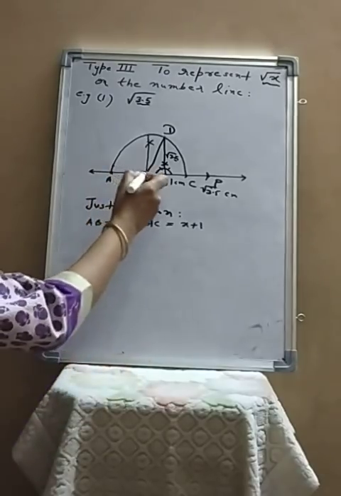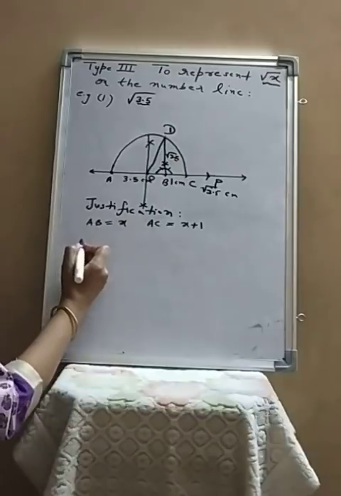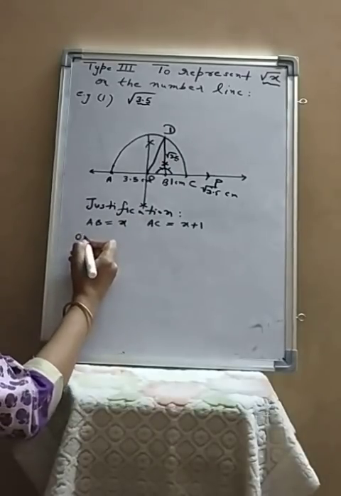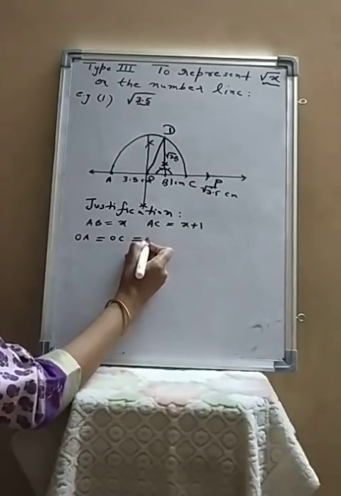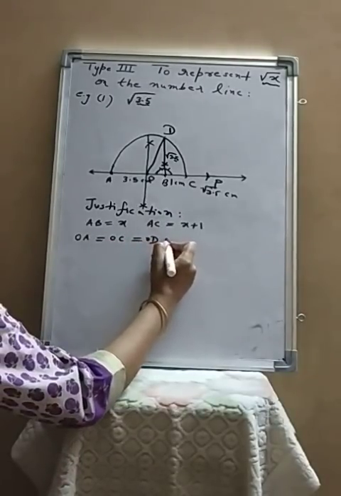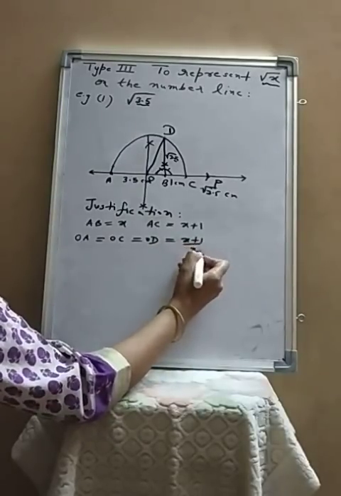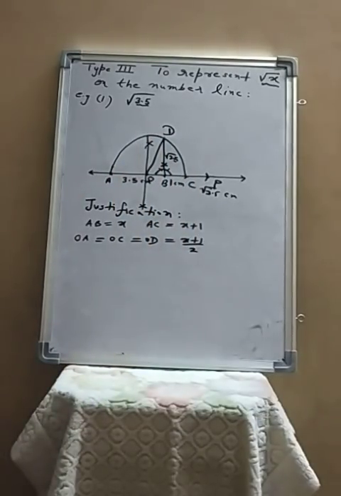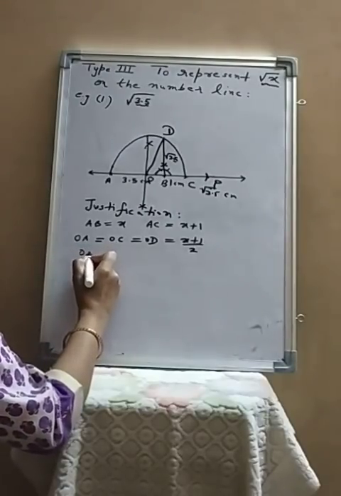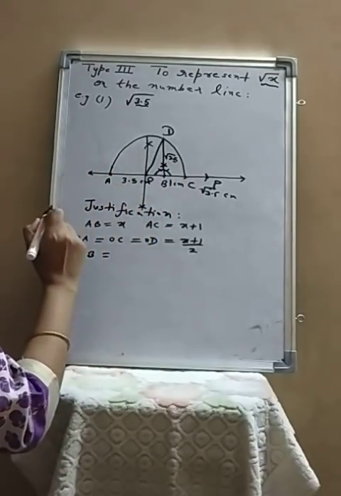Now you can see here that OA, OC and OD, each one of them is a radius of this circle. So each one of them is (x plus 1) upon 2, as AC is the diameter of this circle. Now if I want OB, how can I get it?